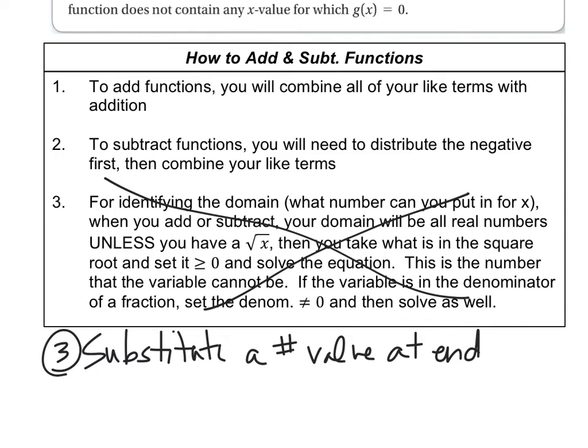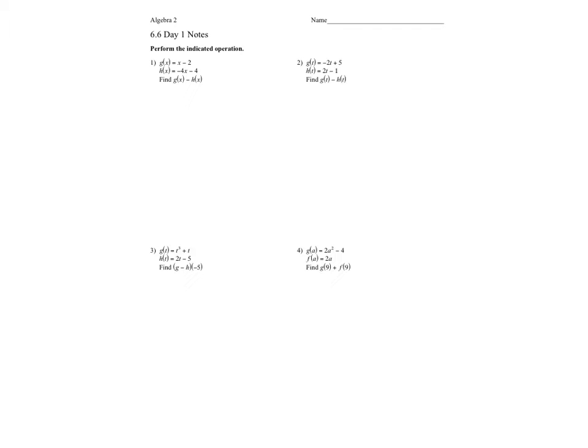So instead of having an expression with variables, I'm going to give you, like, I want to know what g of 8 is. That means plug in 8 at the end. So at the end of these ones, you're going to end up using a substitution method.